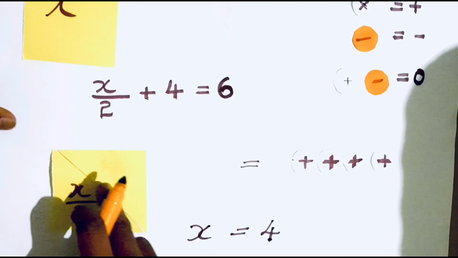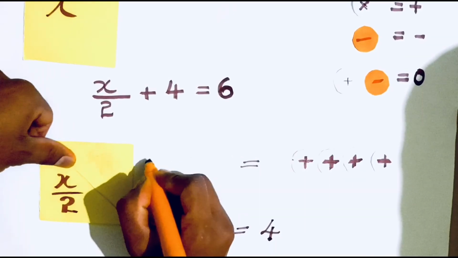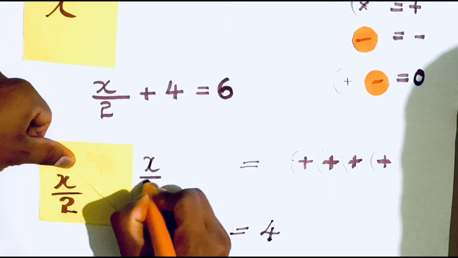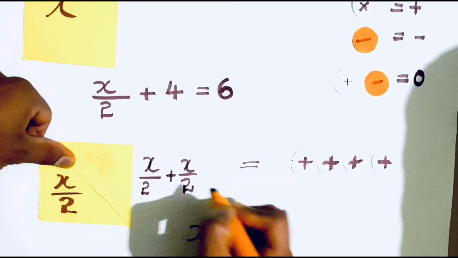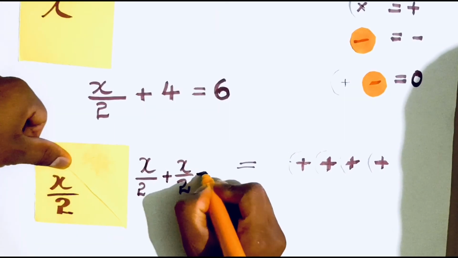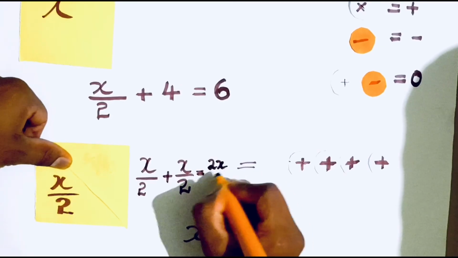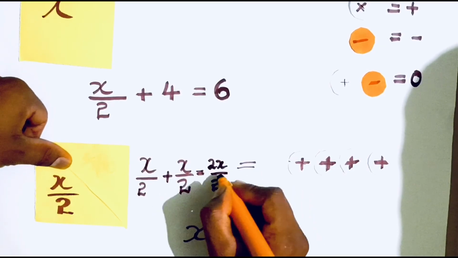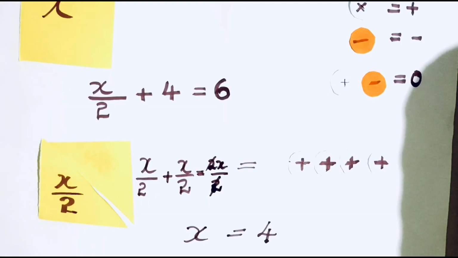You got to know how x by 2 plus x by 2, what is x by 2 plus x by 2? That becomes 2x by 2. 2 get cancelled, so x is equal to 4.